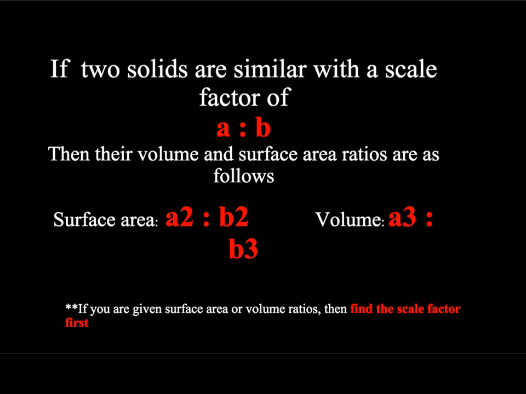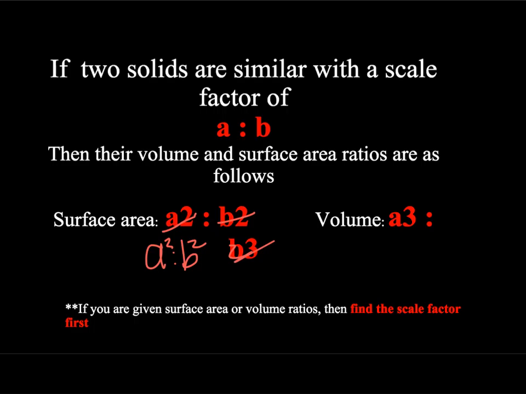Let's make this change. This should read, the surface area is a squared to b squared. Sometimes when I pull in my PowerPoints, they don't come out like they were when I designed them. So surface area is going to be a squared to b squared.